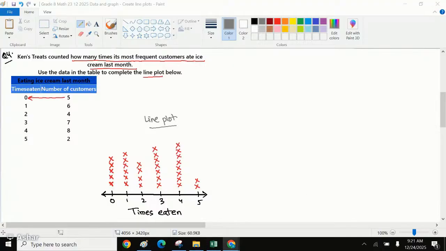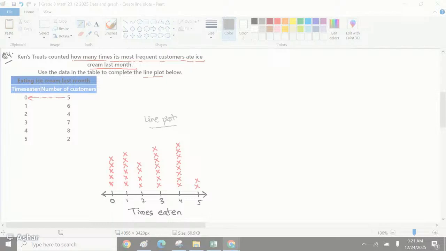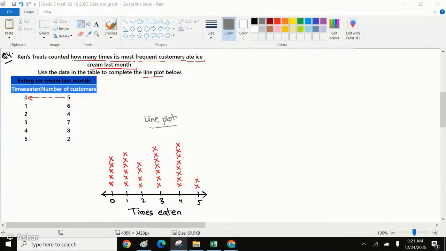Moving on to the next question, it's still information given to us, and it's about pick-your-own bouquet flowers. They are picking up flowers over here.